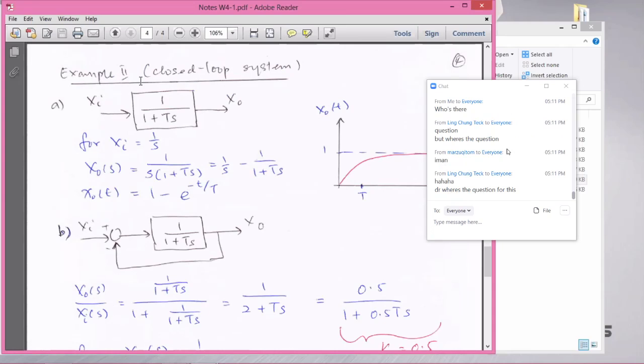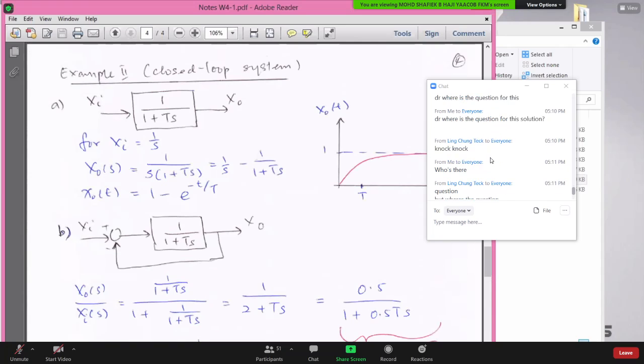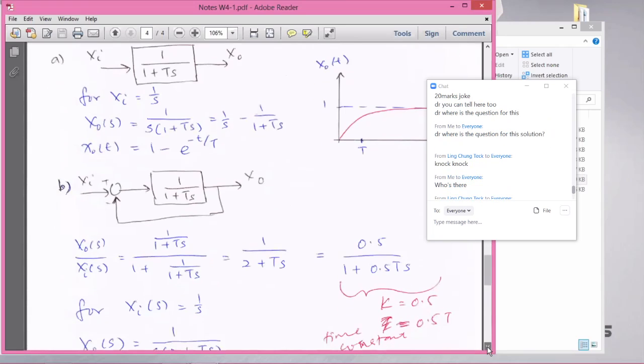The time response of a closed loop system. This is just to caution you about the difference between the closed loop and the open loop control system.